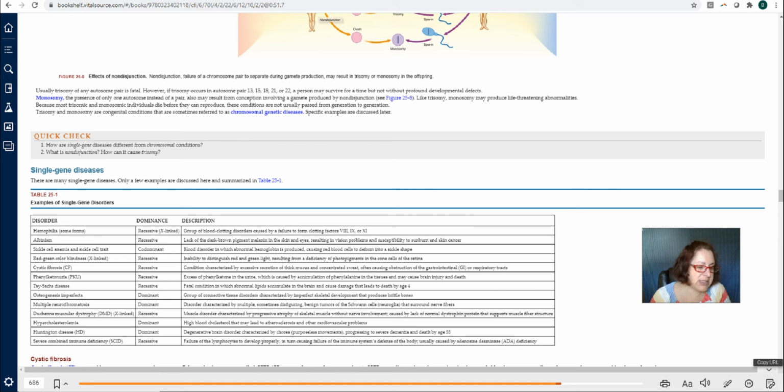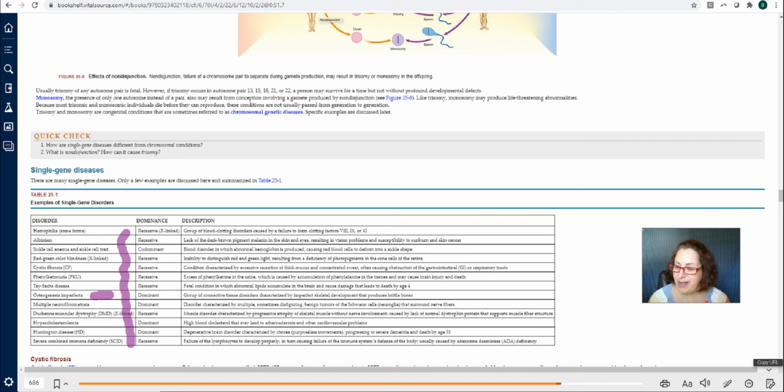This is an interesting chart here. It talks about different diseases and whether or not they are dominant or recessive. And I find this very interesting when we look at osteogenesis imperfecta, which is brittle bone disease.